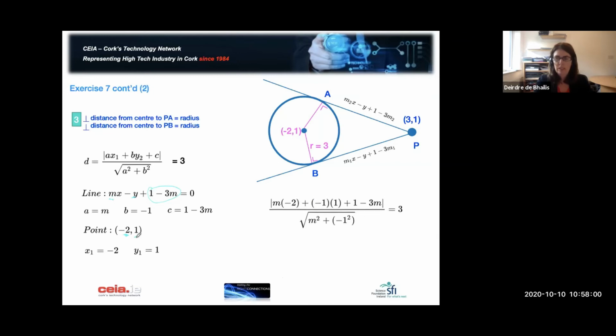Again, be super careful when populating these formulas. Always use your brackets around your negative numbers, and take a bit of time with those ones, because simple slip-ups can cause unwieldy numbers down along the line and cost a lot of time trying to make calculations.